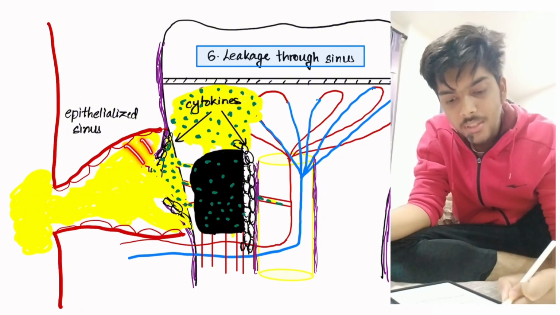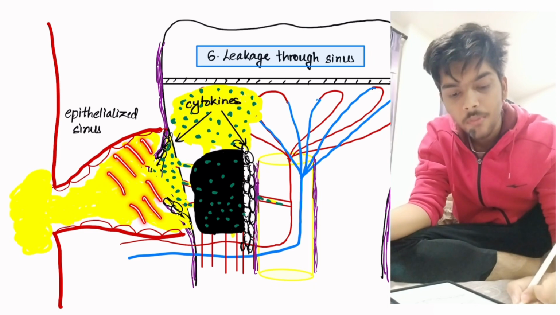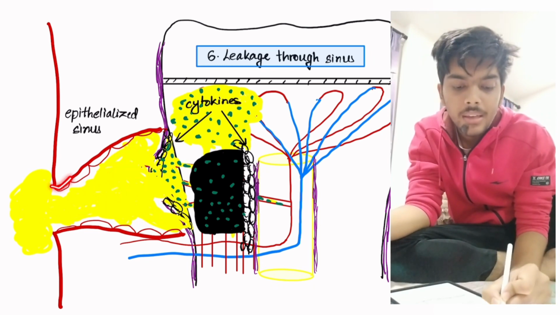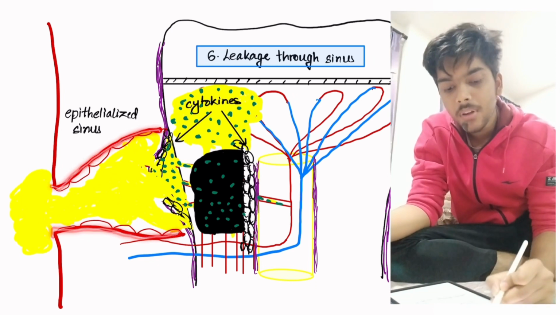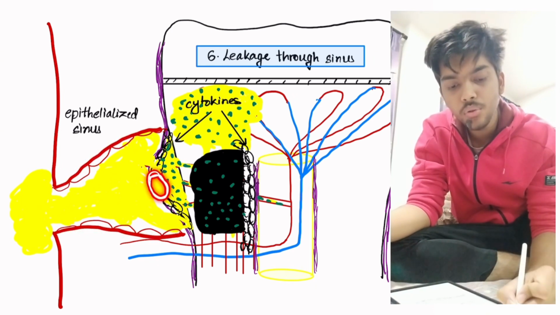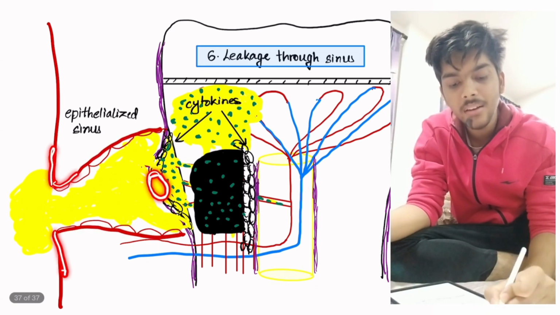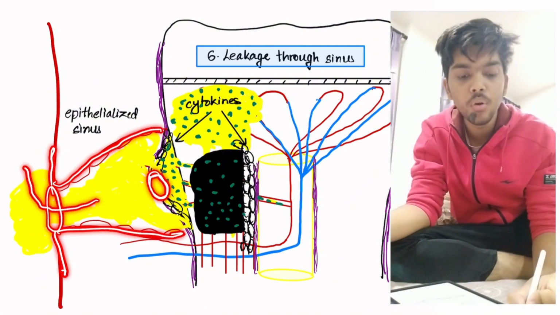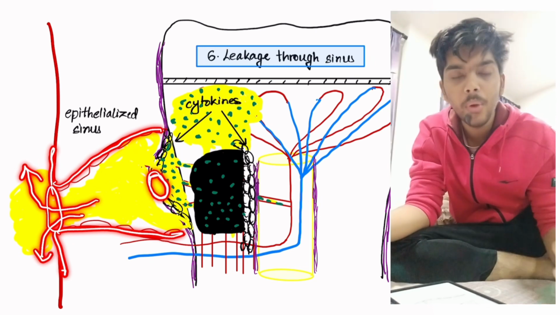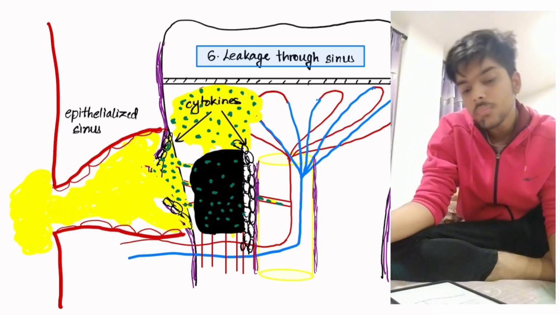Once the pus destroys the soft tissue, it forms a gap, and this gap is called a sinus. If this region is close to the skin, then through the sinus it is able to communicate with the skin, and the pus is able to come out into the external environment.